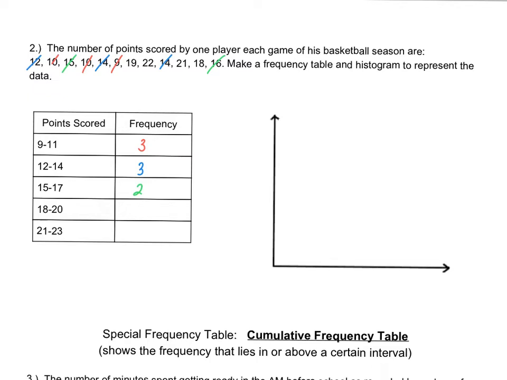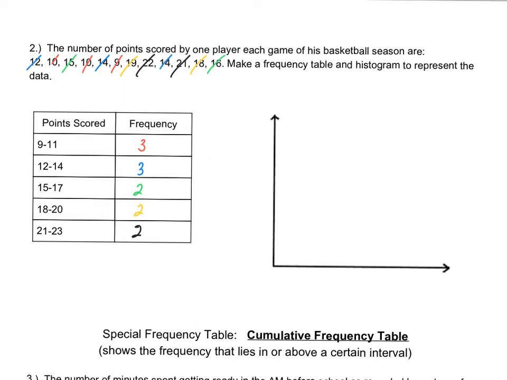All right, and then we have 18 to 20. 1, 2 on that one. And finally, we have 21 to 23. We have 2. All right, it's always good to cross those numbers off as you're going through so that you make sure that you did not forget something there. So I look back through, all of my numbers are crossed out, so I have not missed anything.